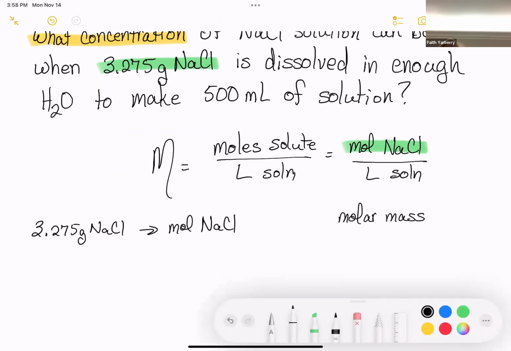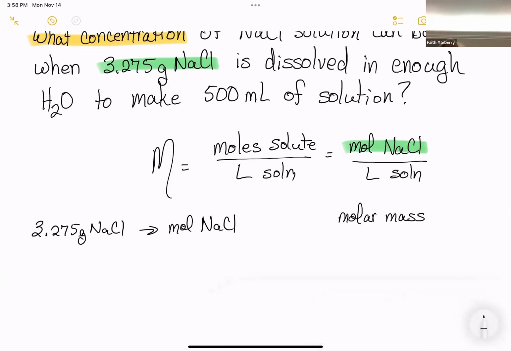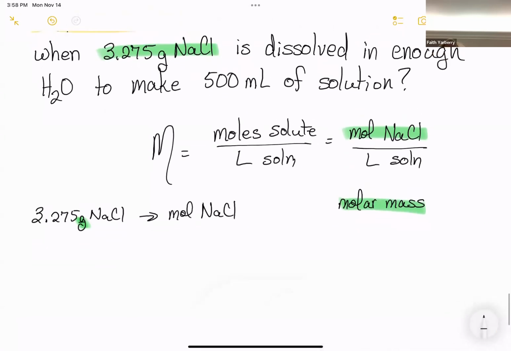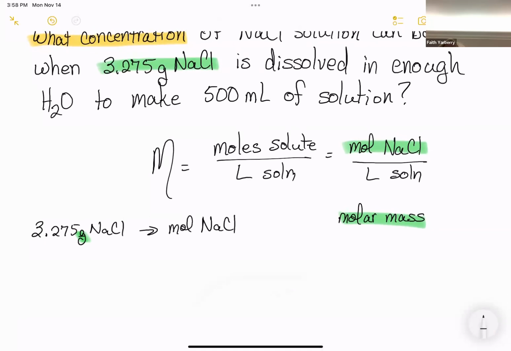And I know I'm going to need that molar mass because of that grams. So I have one sodium at 22.990.